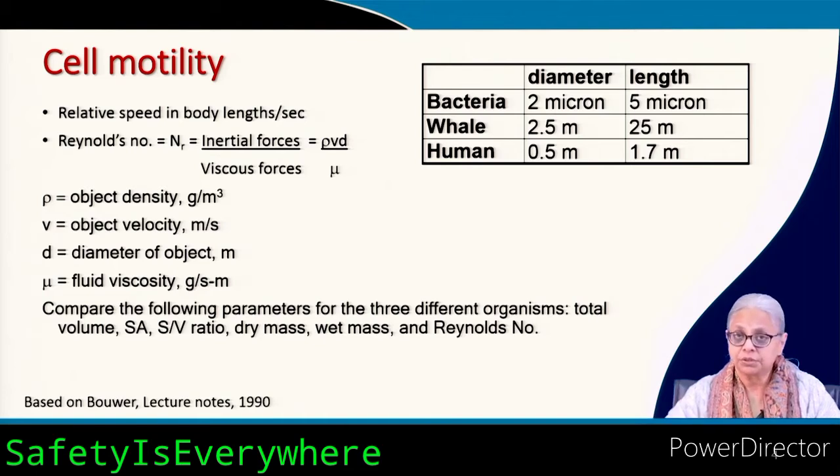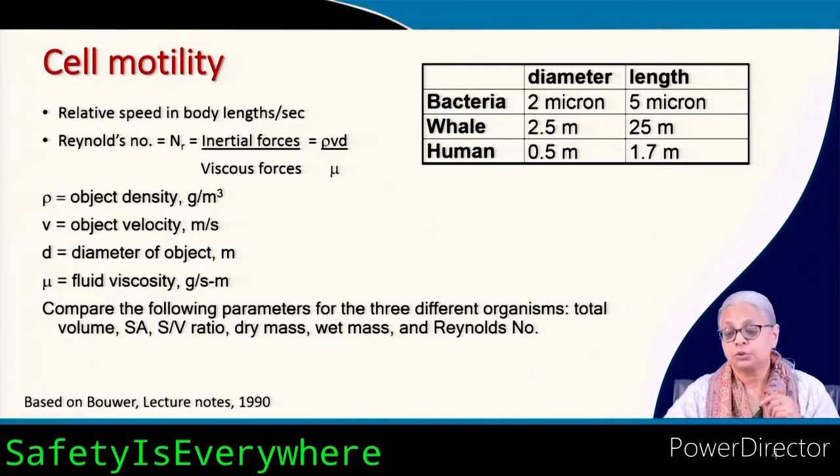The inertial forces are shown by rho V d. Rho is the density of the object, V is the velocity of the object, and d is the diameter of the object. Divide that by mu, and mu is the fluid viscosity in grams per second per meter.